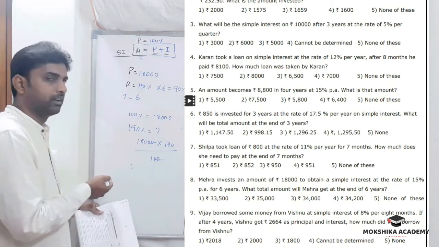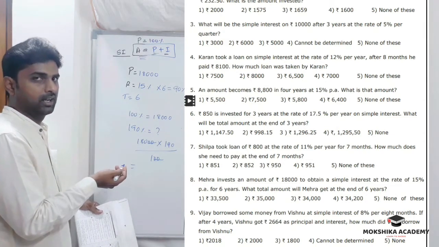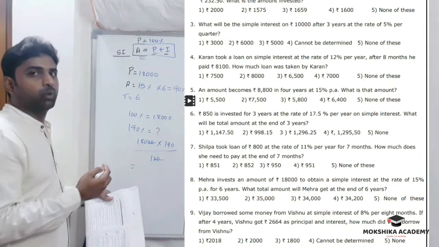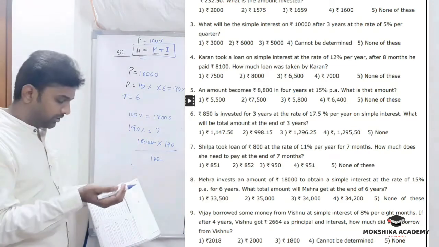Or 18 into 20, that will be 360, so minus 18 once. That way also you can go.